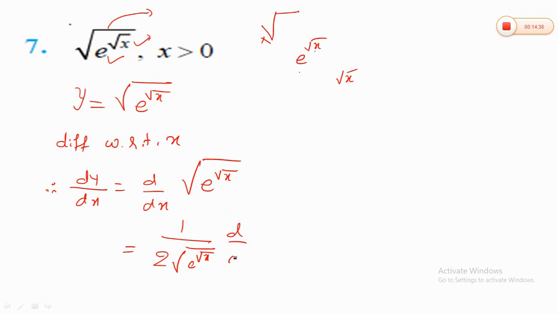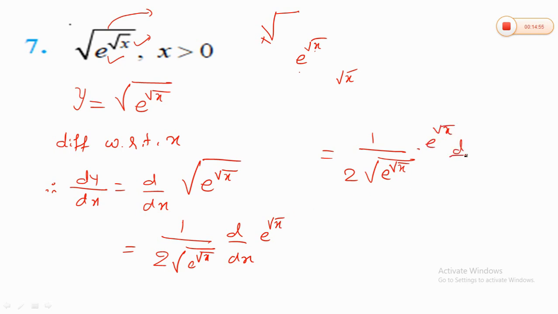Again differentiate dy by dx of e raised to root x. Now this equals 1 upon 2 root e raised to root x. So it is e raised to f(x), e raised to root x.